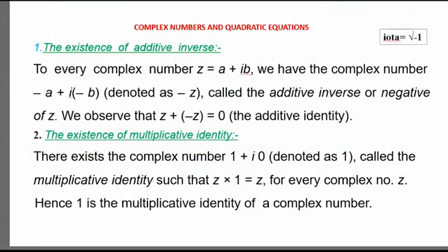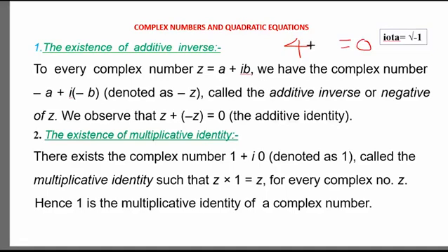The existence of additive inverse. What does inverse mean? The same way we have seen additive identity, likewise the additive inverse of one number, let me take the same number 4. When you add to this number 4 something that gives the additive identity, what is that additive identity? 0.